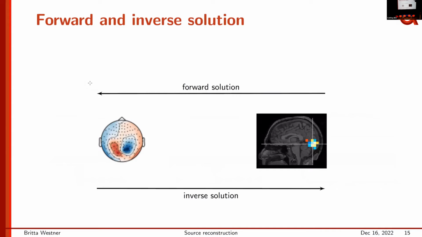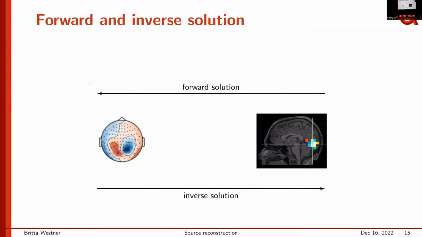Okay, so we have talked about this part now. When you have your volume conductor model, your source model, and your co-registration, you feed all of that into an algorithm, and it gives you this lead field or gain matrix that will describe how to get from here to here.